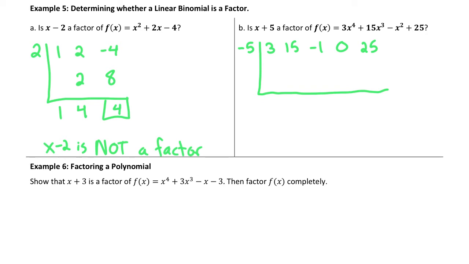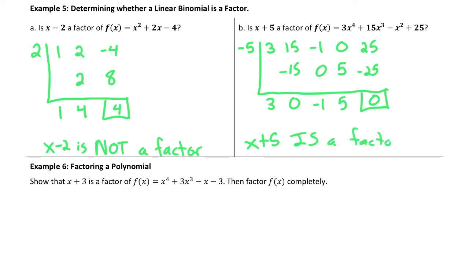So drop and multiply. -15, 0, 0, -1, 5, 5, -25, remainder of, ding, ding, ding, 0. So x plus 5 is a factor, okay?